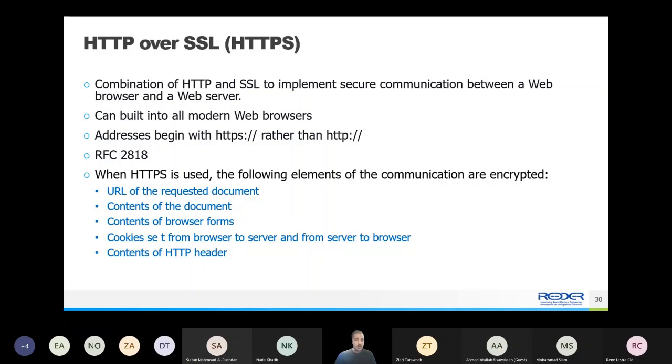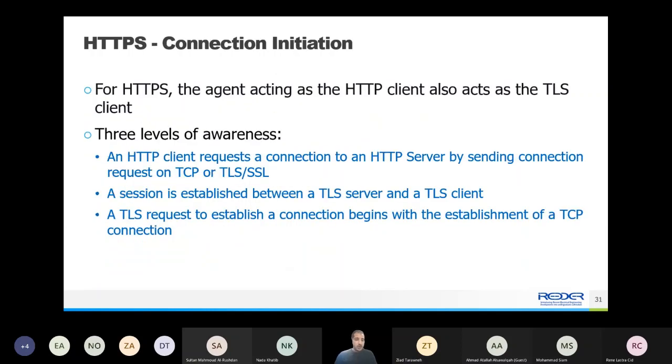When this is used, the following elements of the communication are encrypted: the URL, contents of the document, contents of the browser forms, cookies set from browser to server and from server to browser, and contents of the HTTP header. So when we want a connection initiation in HTTPS, the agent acting as the HTTP client also acts as the TLS client. And there are three levels of awareness.